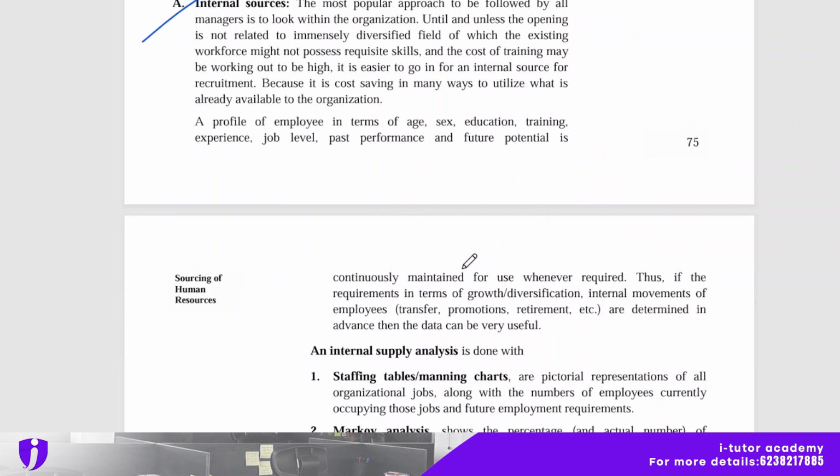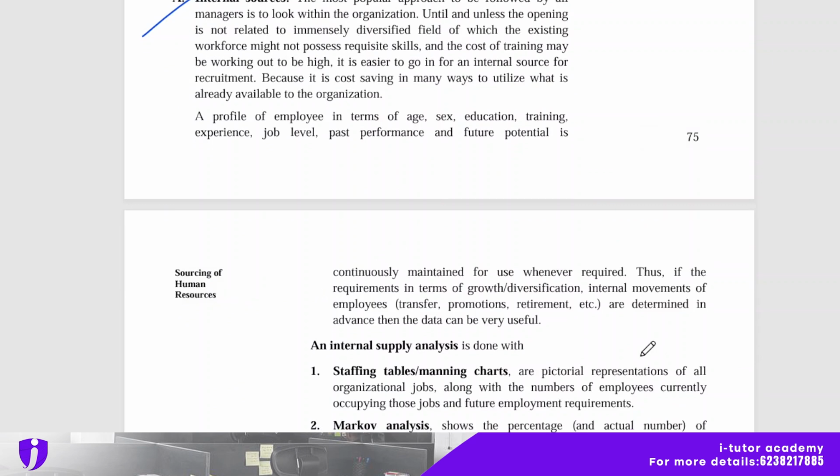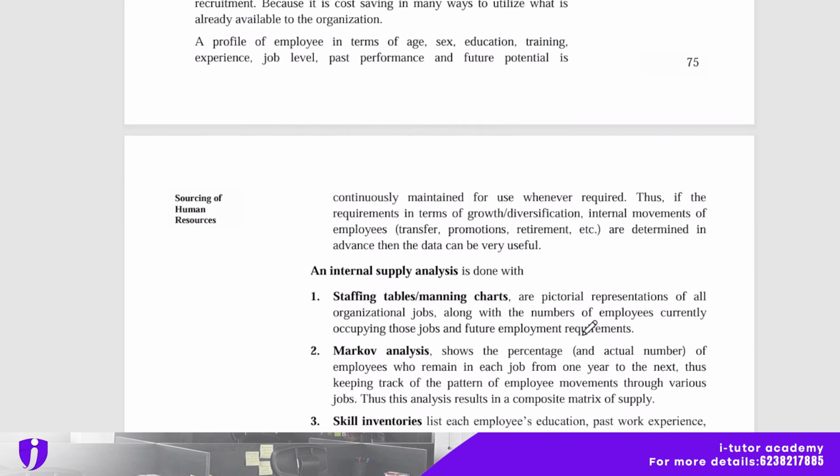A profile of employees in terms of age, sex, education, training, experience, job level, past performance, and future potential is continuously maintained for use whenever required. Thus, if the requirements in terms of growth, diversification, and internal movement of employees, that is transfer, promotion, retirement, etc., are determined in advance, then the data can be very useful.